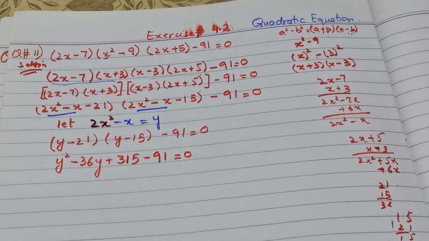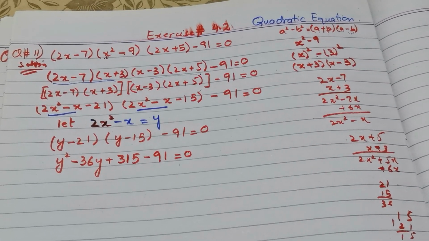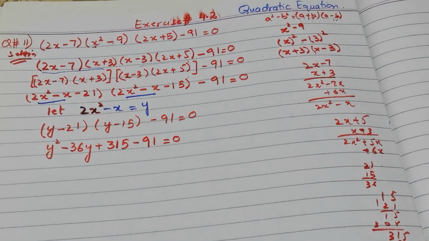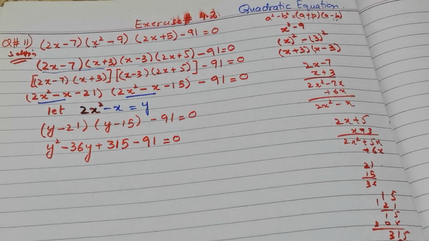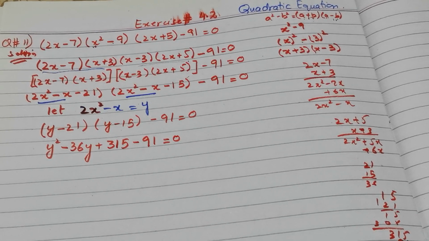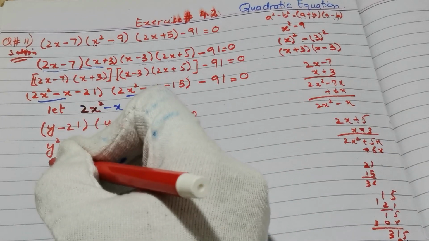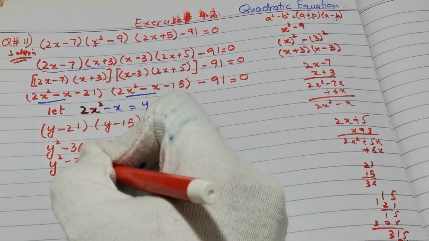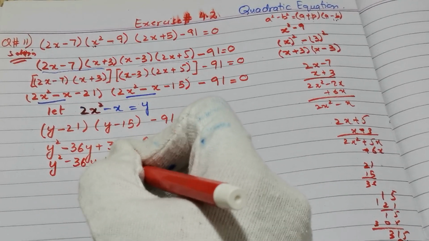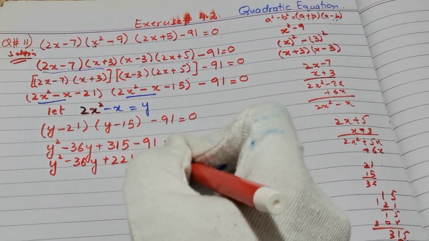If we subtract 91 from 315, we get 224. So y square minus 36y plus 224 equal to 0.